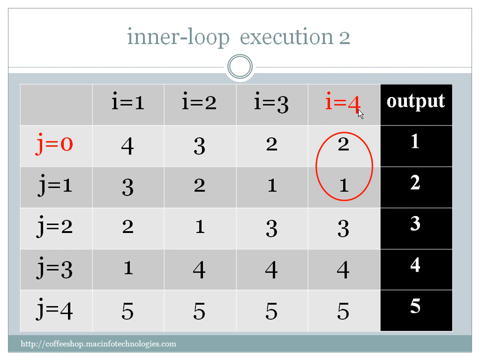So now when I increments to 4, j is equal to 0, a of 0 is greater than a of 1. Again in the if condition, this is true, and using a temp variable they get exchanged.